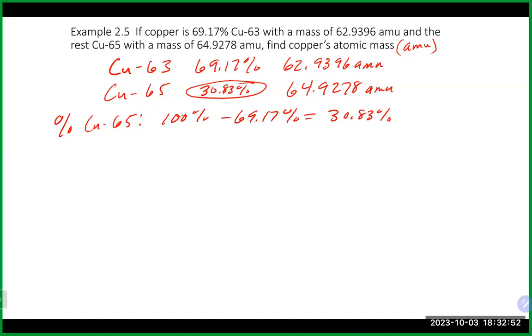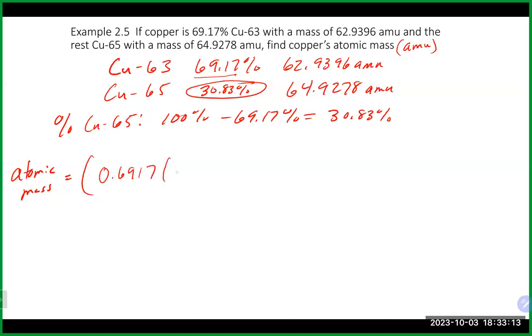Any questions on that? Now that we have the percentage and the mass of each of these isotopes, we could go into our formula. So our atomic mass will equal our first isotope. I'm just going to move the decimal place 2 places to the left, so it's going to give me 0.6917 basically.